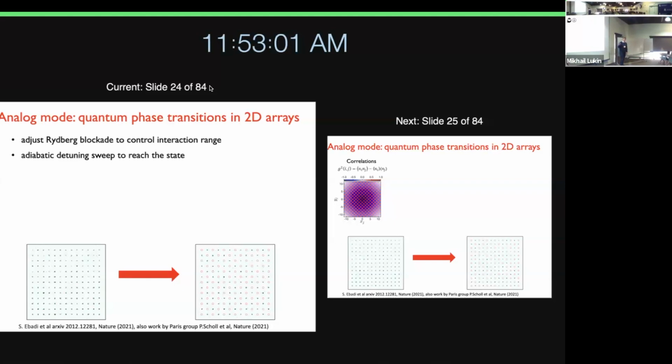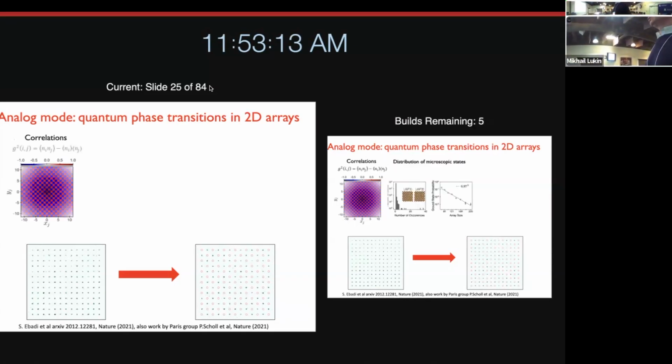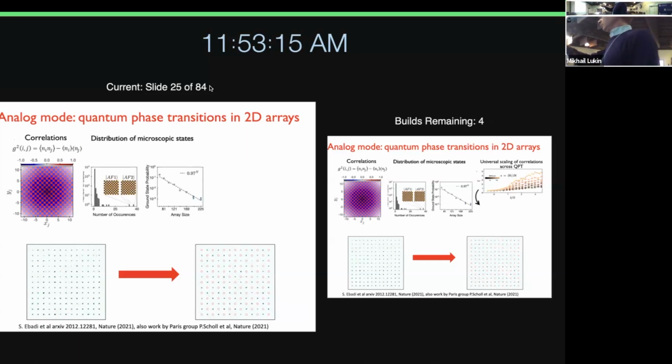But some small effects remain. So, for example, the decreasing probability of creating a perfect pattern here is in part due to these effects of decoherence and spontaneous emission.